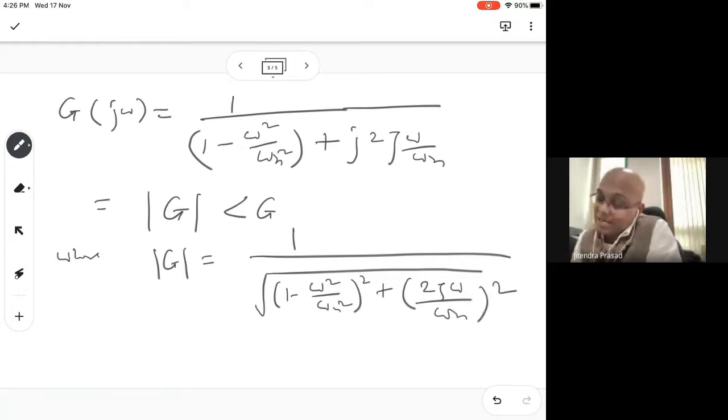And then you have the angle of G, which will be equal to tan inverse.